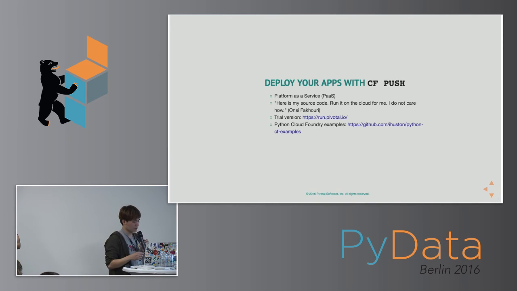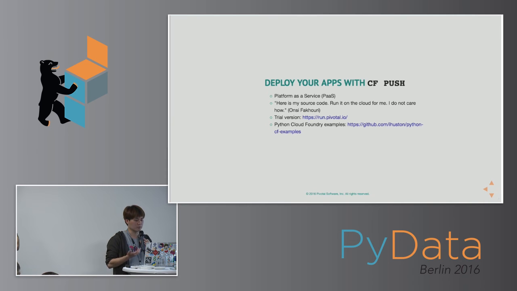This is something that we want to talk a bit more about, because Flask is pretty cool, but you cannot use it in production, right? For using things in production, if you saw the Palladium talk yesterday, they are using Marathon, and we are using Cloud Foundry. Cloud Foundry is a platform as a service, and what you can do is you just need your code.